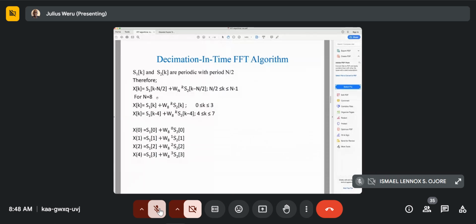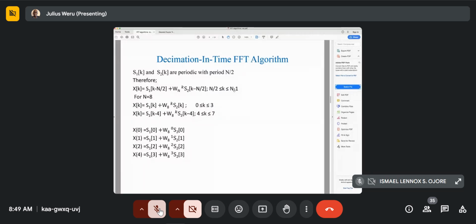You see, the first half, which now is the even, we are going to use k, and then for the second half, we are going to use k minus n over 2. That is for the samples n over 2 to n minus 1.